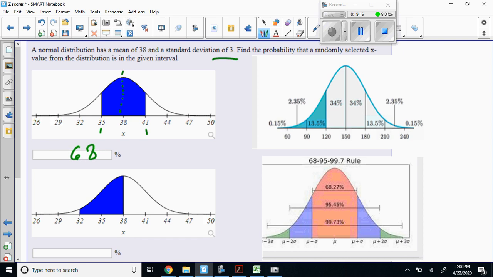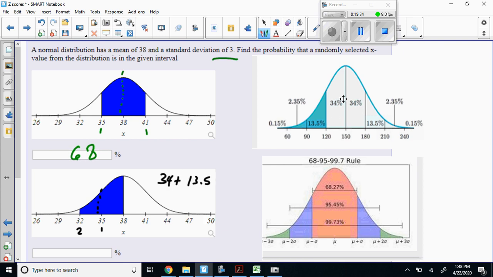Now, looking at the one below, there's 1, and now we're out to 2, right? But we're going below. So that would be 34 plus 13.5, right?